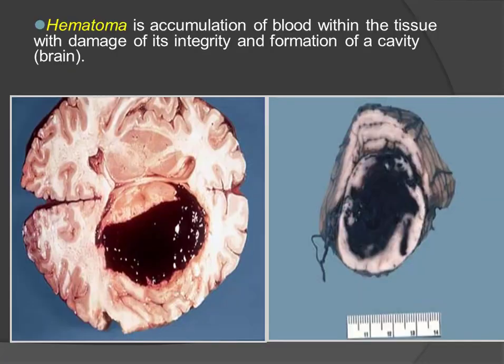Hematoma is a hemorrhage with a loss of integrity of tissues and with the formation of a cavity. The hemorrhagic focus contains clusters of RBCs around the vessels whose wall is damaged. RBCs in a hematoma are often poorly visualized and appear as pale and partly lysed cells.